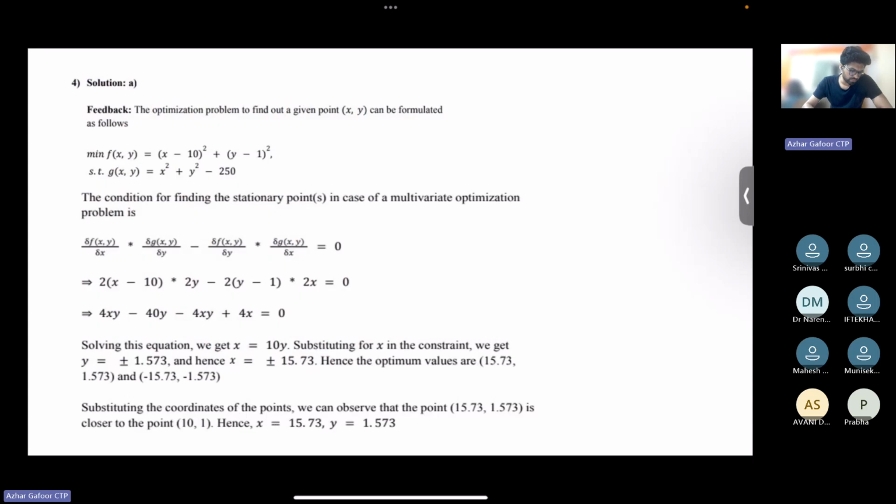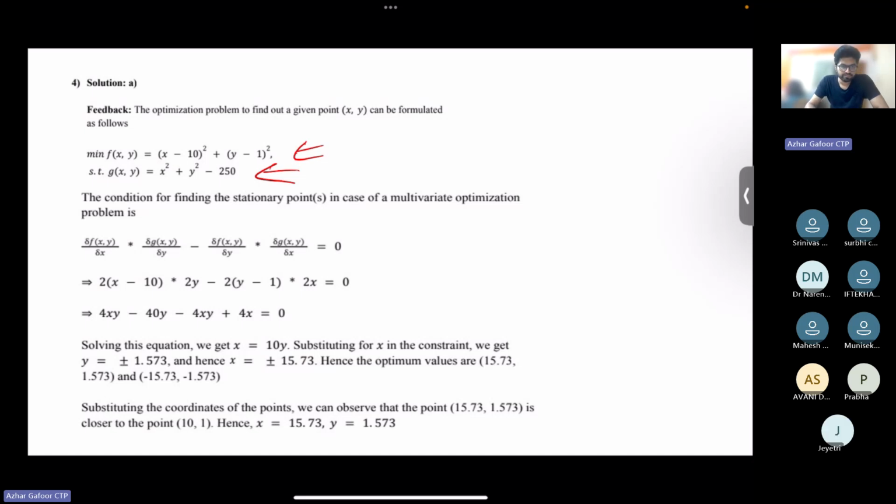First we have to define the objective function. Then we have the constraint here, and we have to follow the multivariate objective optimization steps. So we get 3 equations with the Lagrangian and we can find the solution.